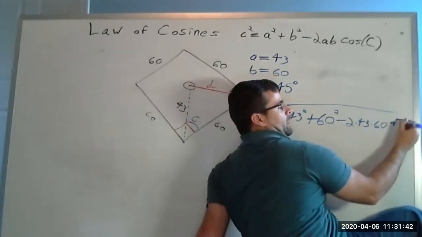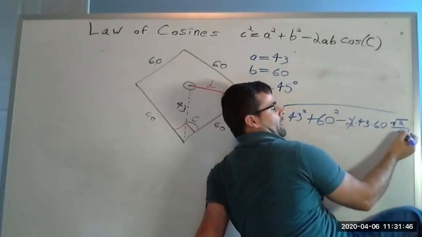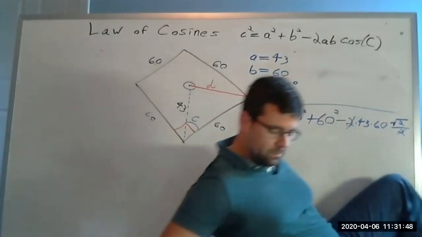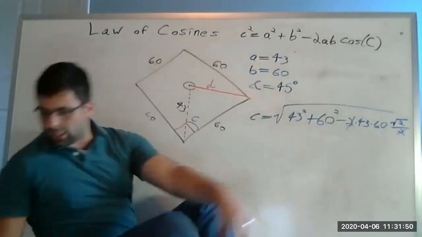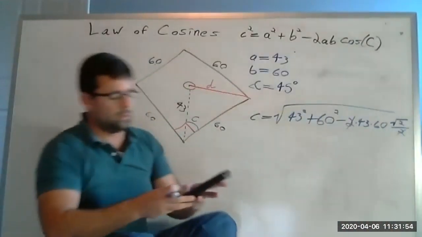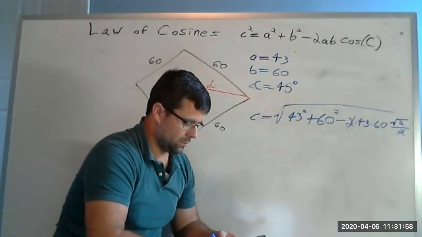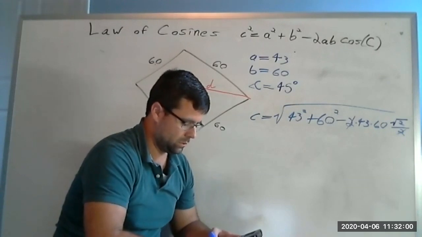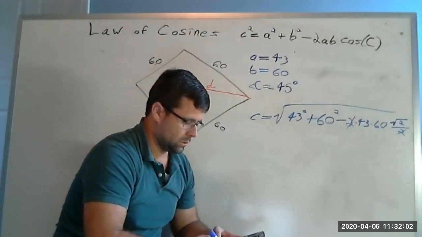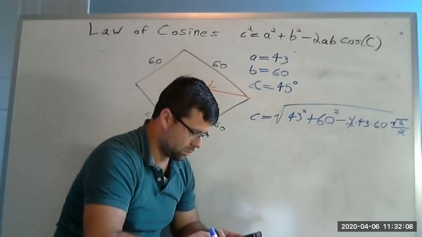So square root of 2 over 2. That means this cancels with this. And if we plug that in, we get 43, 60 plus square root 2.